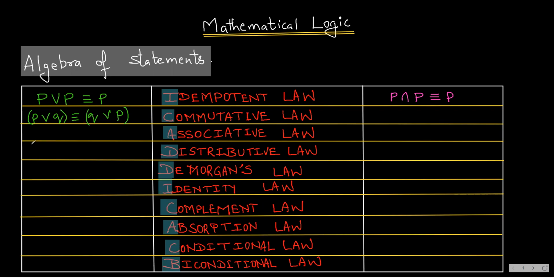Suppose I have P as false and Q as true. So the left hand side here will become false or true.